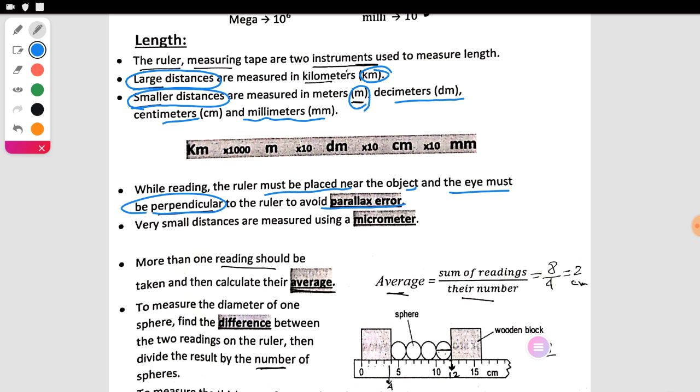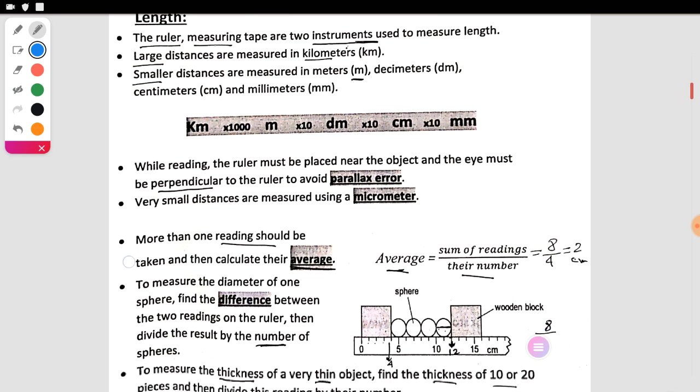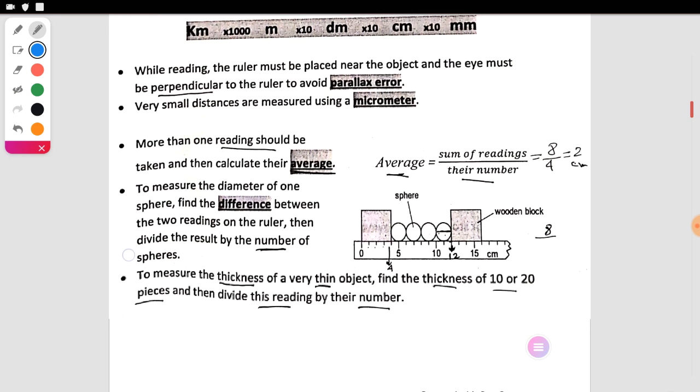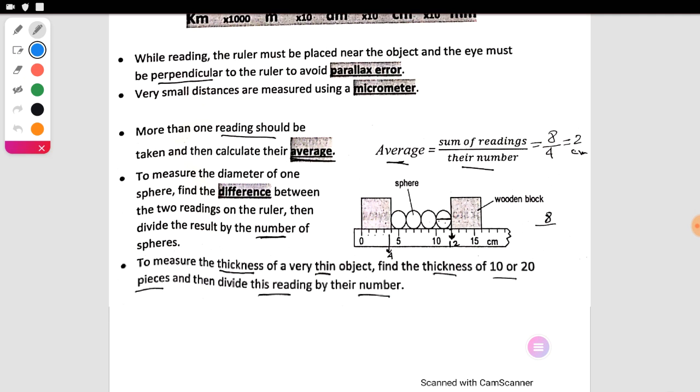Very small distances can be measured by an instrument called micrometer. This is an instrument which can be used to measure small distances.